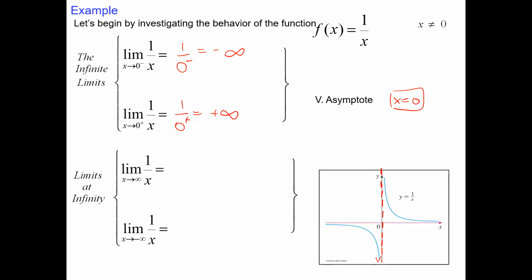Now, let's check how the blue curve, the function, behaves as x is getting arbitrarily large, as x approaches infinity. We may notice the graph of the function is getting lower and lower, approaching basically the x-axis, and the x-axis is the value 0.